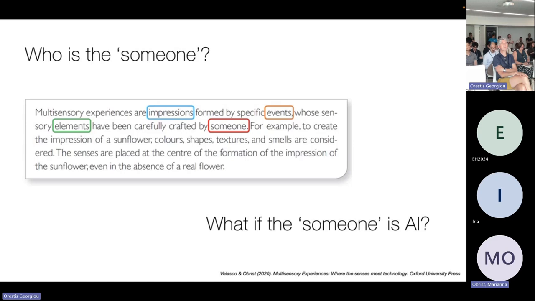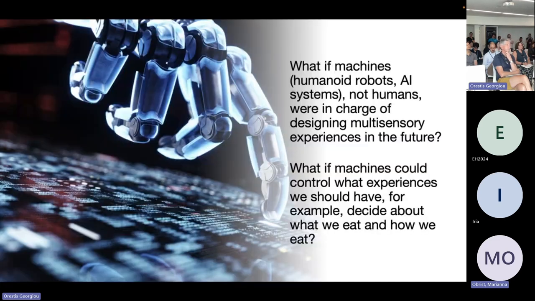It doesn't give you all the details on how to do it, and I think that is where a lot of what AI might not be able to do lies. But it's an interesting question about this kind of someone, if it's not human anymore, what implications that might actually have.